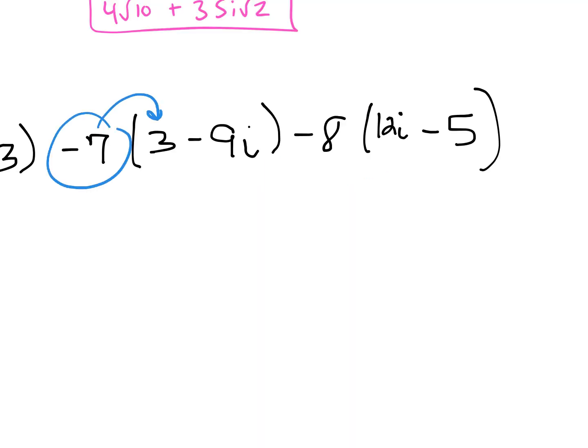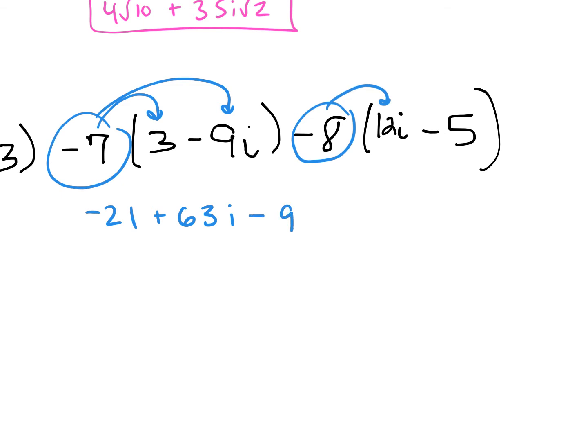So distribute this -7. So this would be -21. And what's -7 times -9i? Positive 63i. And then distribute the -8. So what's -8 times 12i? -96i. And -8 times -5?